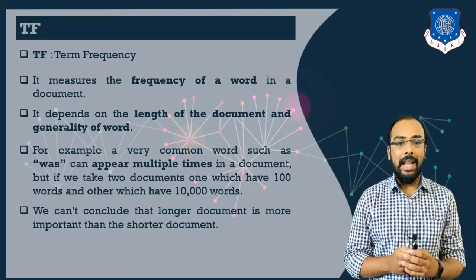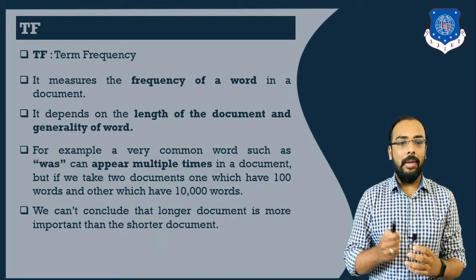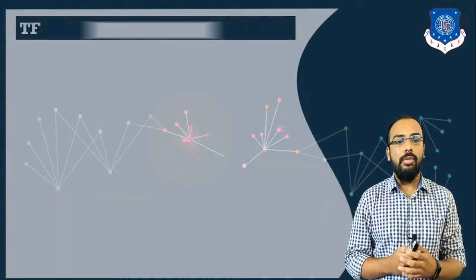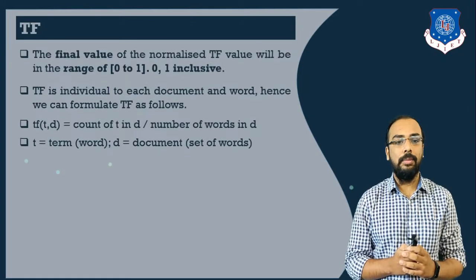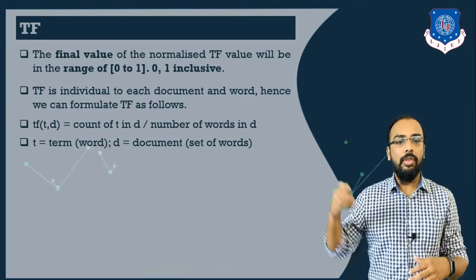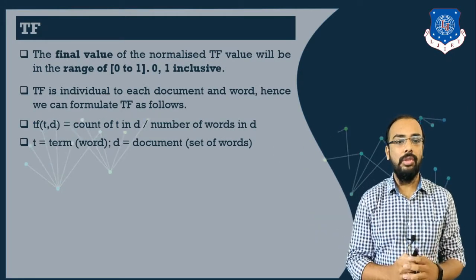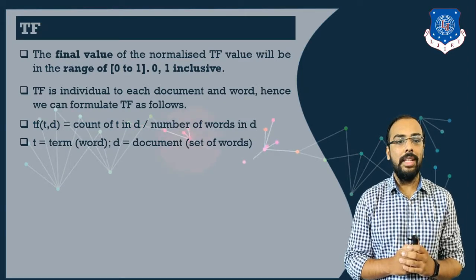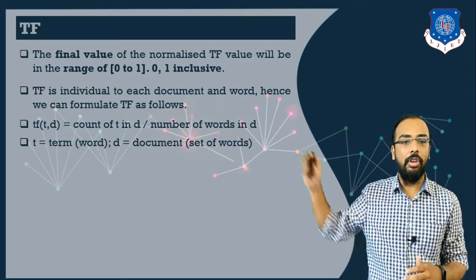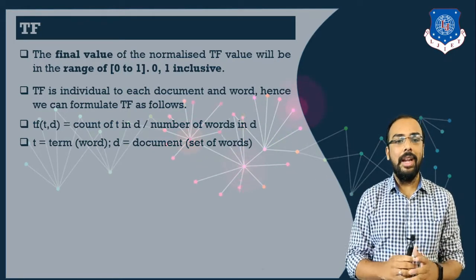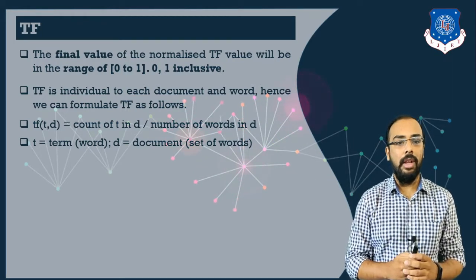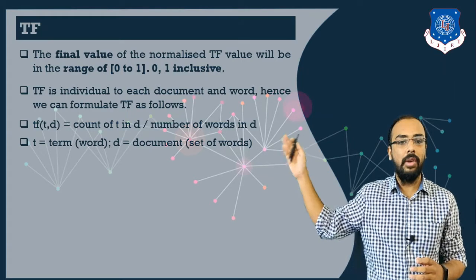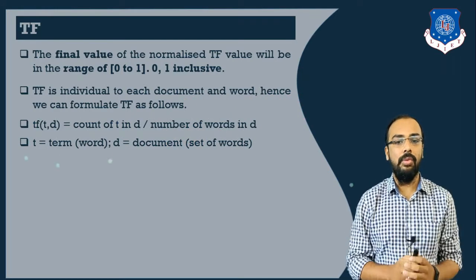We cannot directly conclude this, so we have to normalize it, and for that we use TF. The final value of the normalized TF will be in the range from 0 to 1, and both boundary values, 0 and 1, are included.